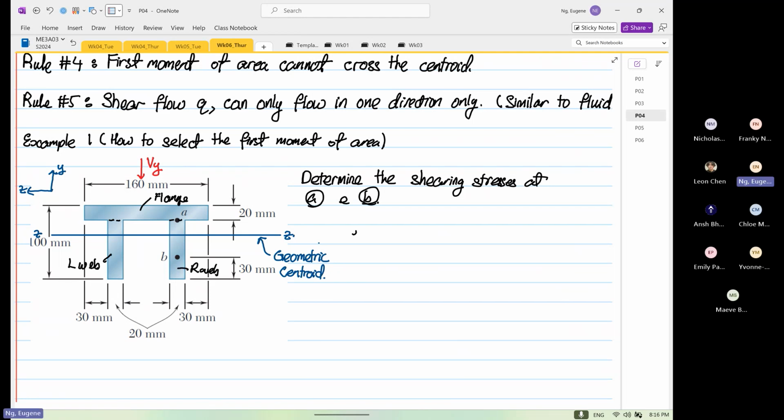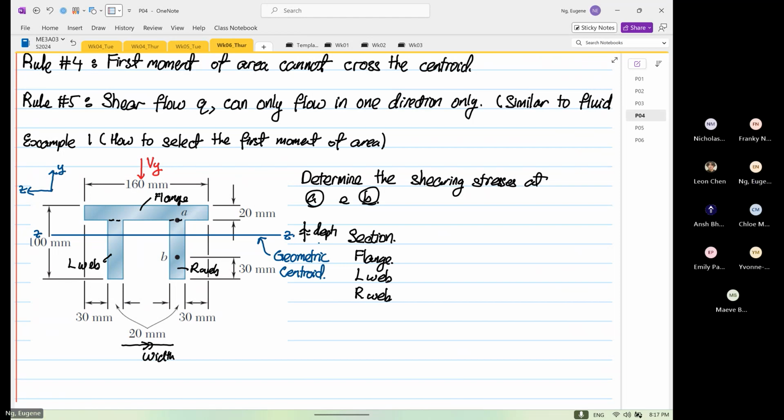Okay, so if this is our section, this is our flange, and then we have our left web, and then we have our right web. And then we know that for the axis Z of interest, this is our width and this is our depth.